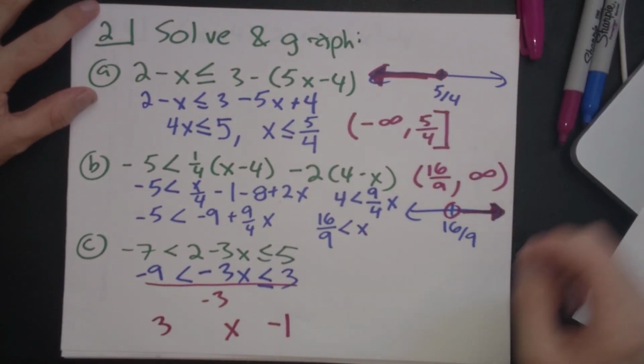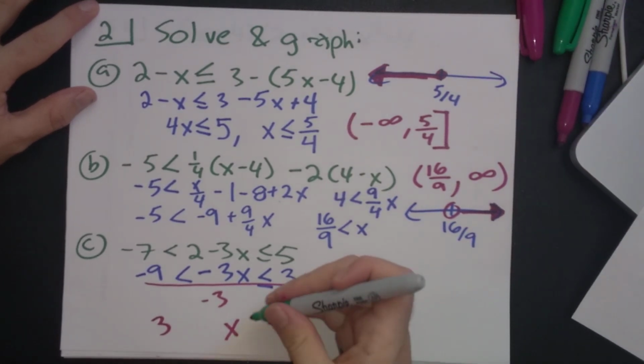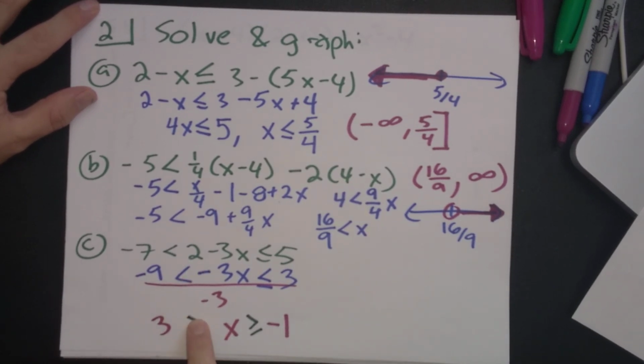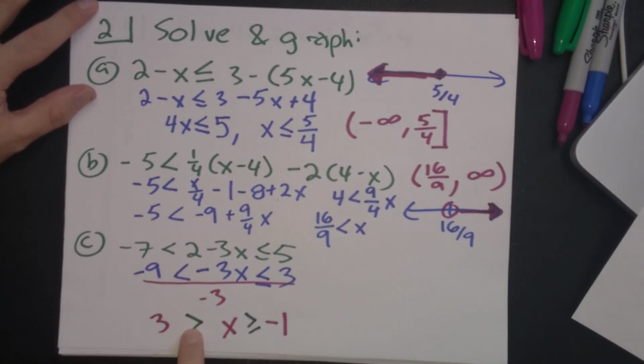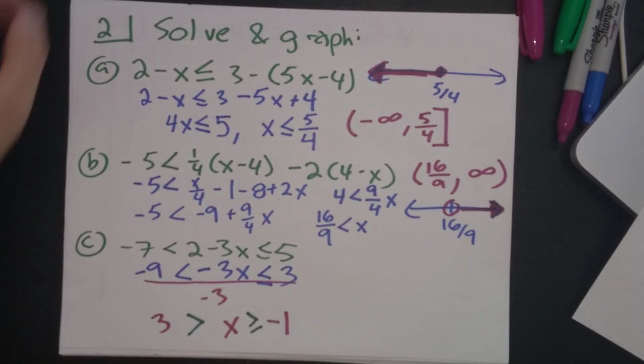But when we divide or multiply by negative number, the directions of the inequality switch. So this still stays as a strict inequality, this still stays as a less than or equal to inequality, but the directions flip from going this direction to going this direction.